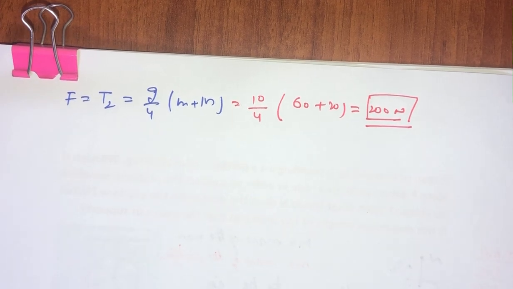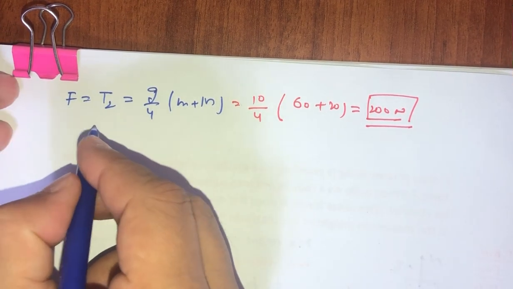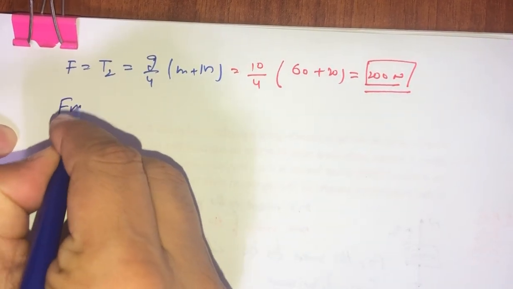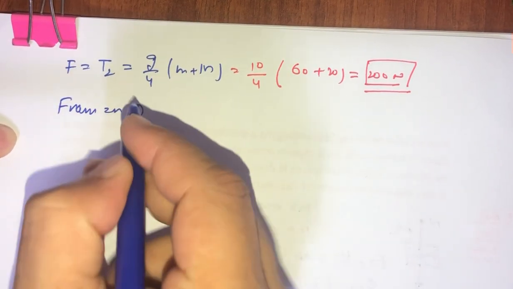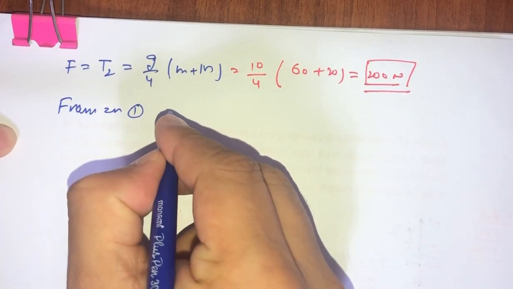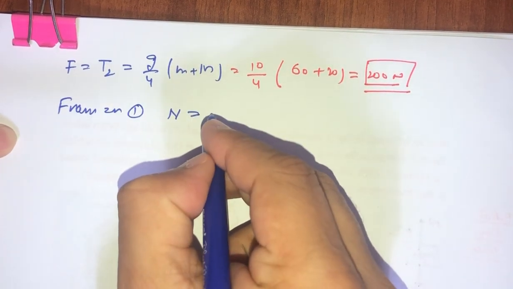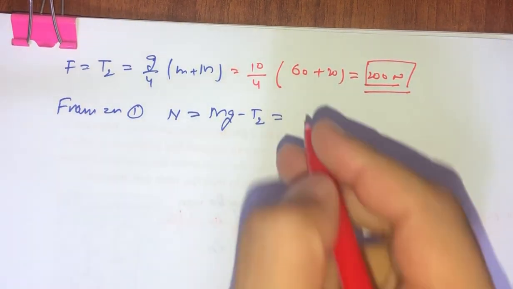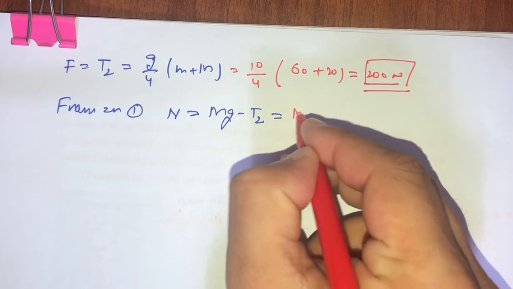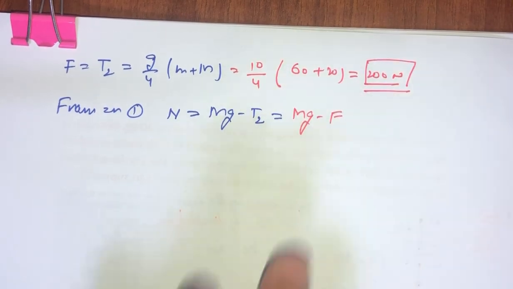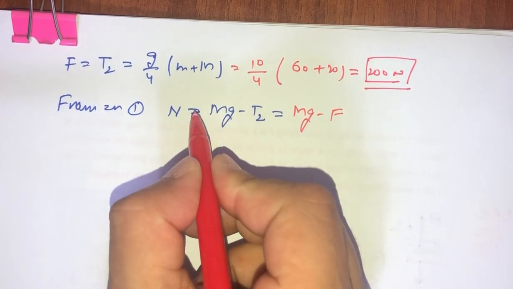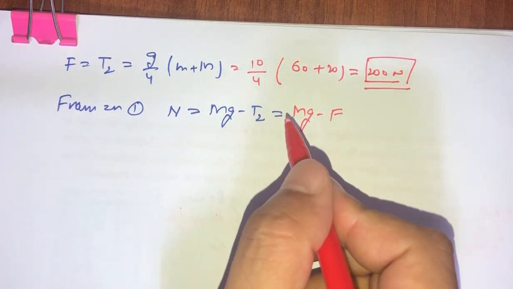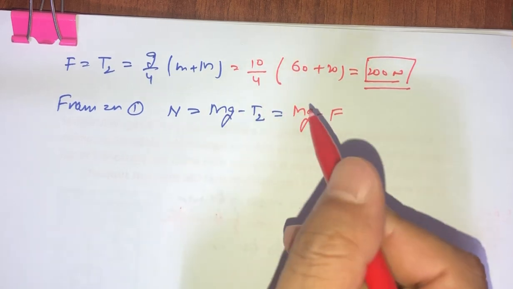And from equation 1 we can write that N is equal to mg minus T2, and T2 is nothing but our F, so we can say N equals mg minus F. We can substitute the values.